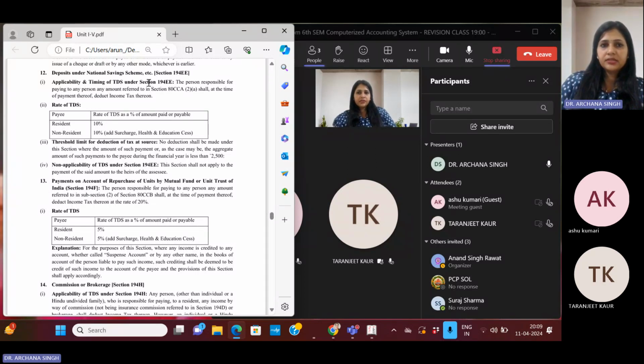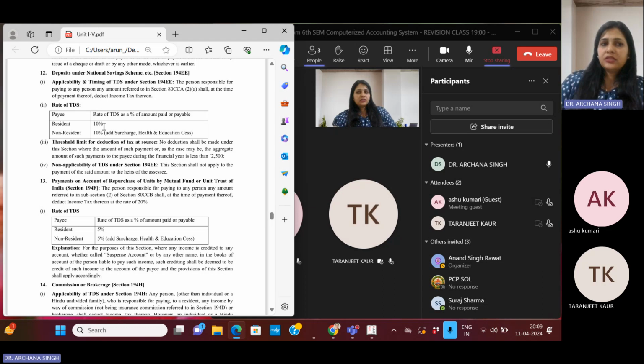Applicability and timing of TDS under this section: the person who is responsible to pay any person any amount referred to in section 80CCA(2)(a) shall, at the time of payment thereof, deduct the TDS. Okay, at the time of making payment, they have to deduct the TDS.